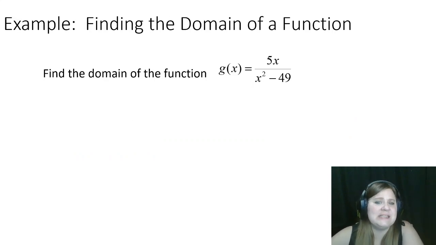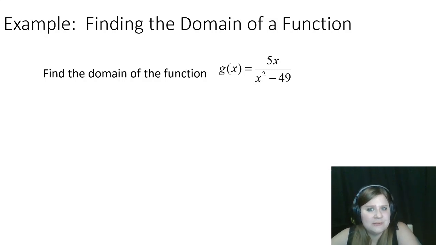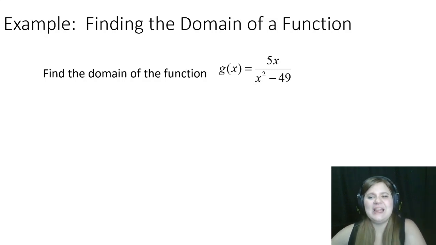I see that this is a rational function. That means there is a letter in the denominator. And so I know that there's a possibility, in this case, of dividing by 0. I'm going to go ahead and factor the denominator.